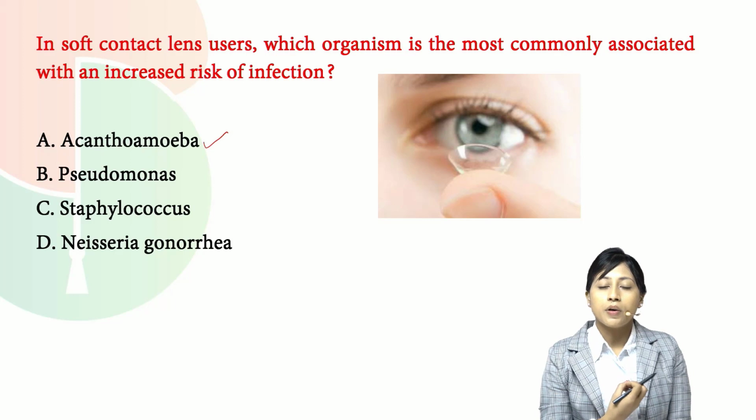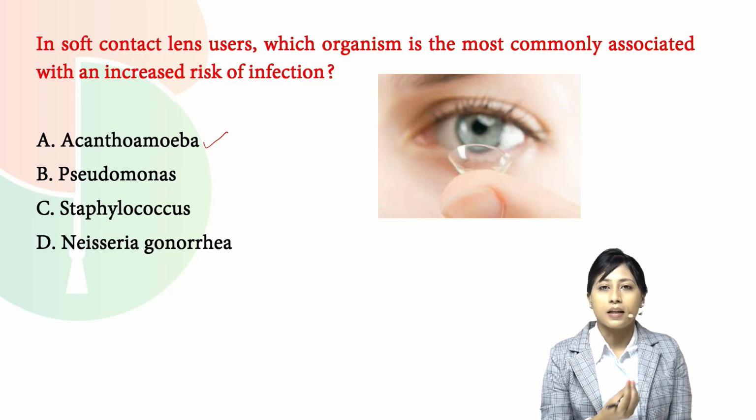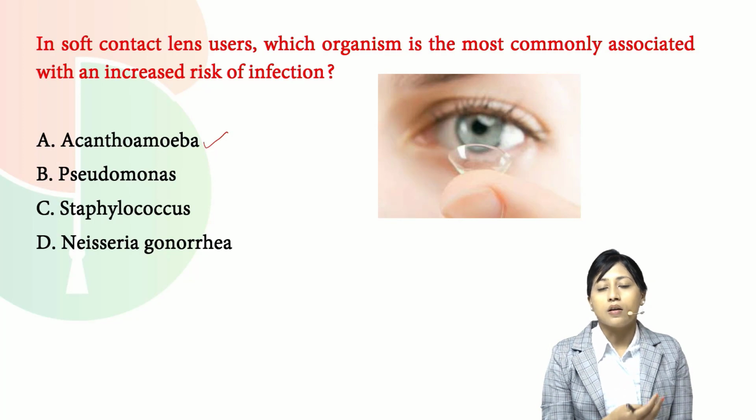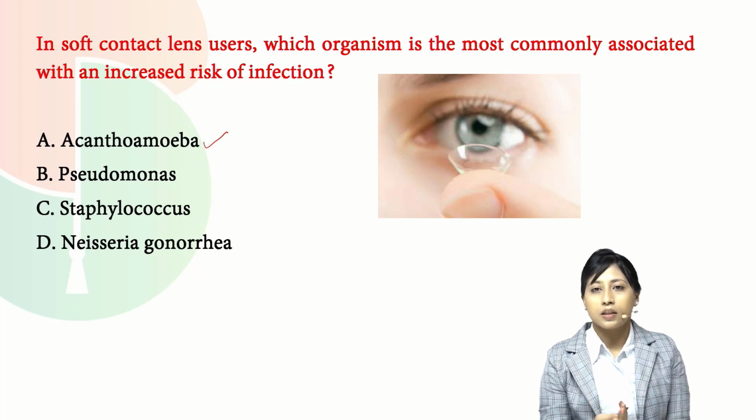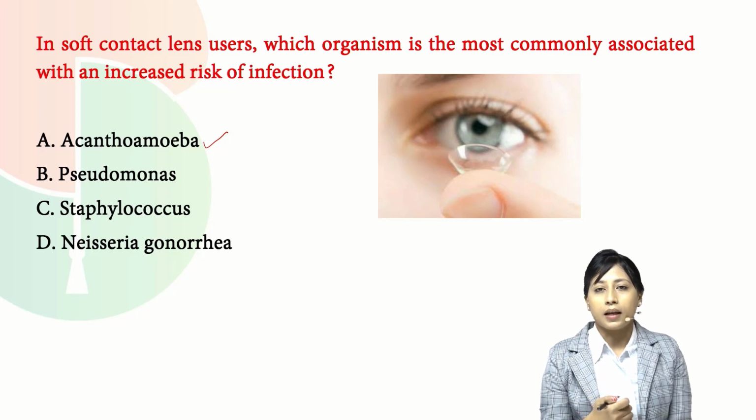So Acanthamoeba is a protozoa and it is frequently associated with contact lens users. Why contact lens users? Because contact lens users use contact lens solution, and this solution can be contaminated, or even in non-contact lens users, ponds and swimming pools can cause Acanthamoeba keratitis.